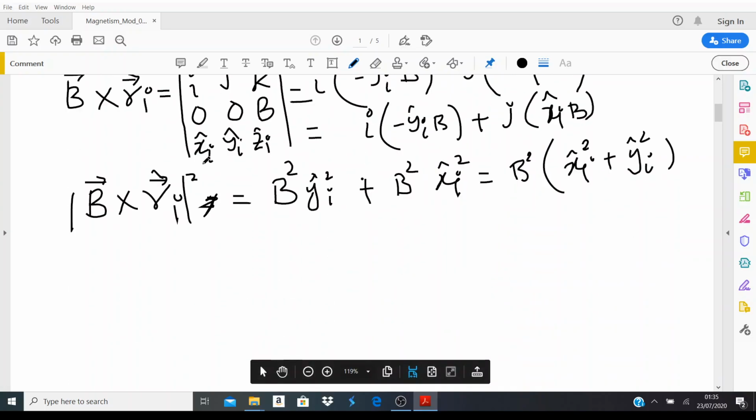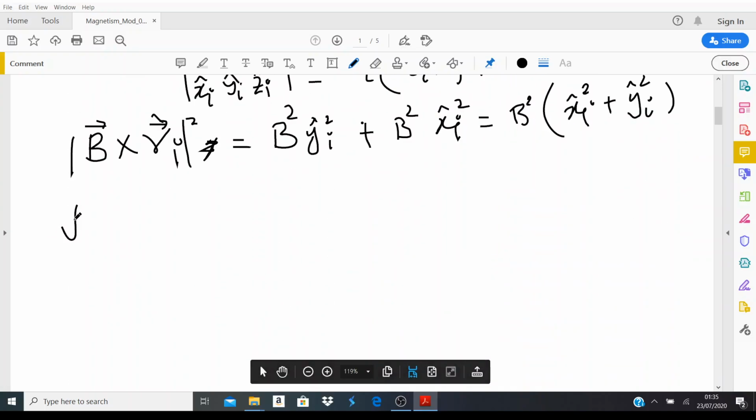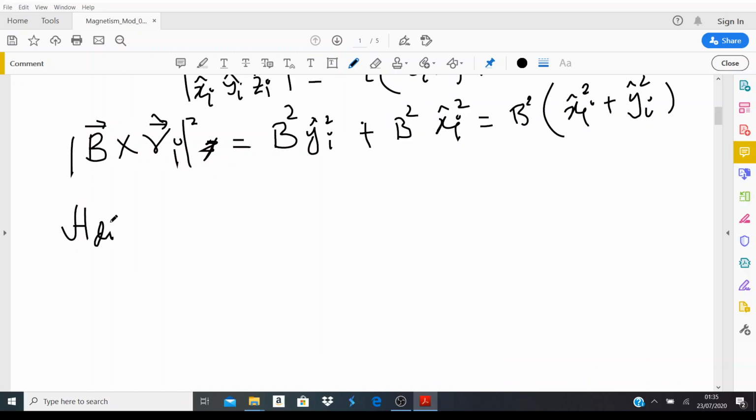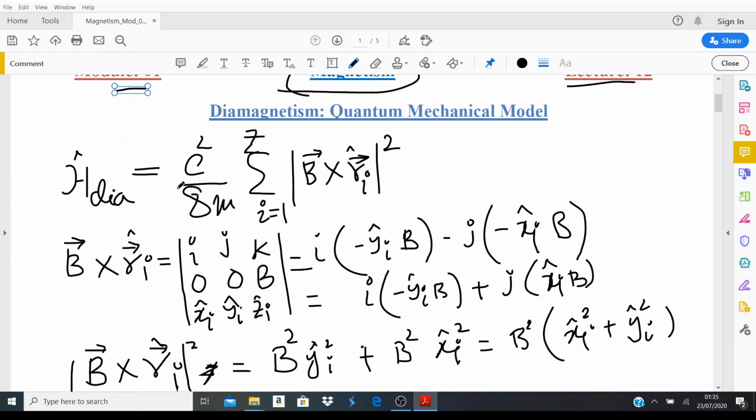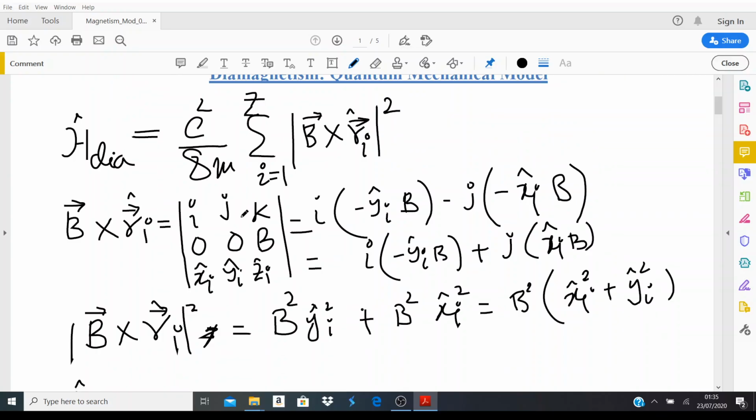So the diamagnetic Hamiltonian now becomes, let me write it explicitly. We have e squared by 8m, and then there is a B squared, the magnitude squared, so this will go out of the sum.